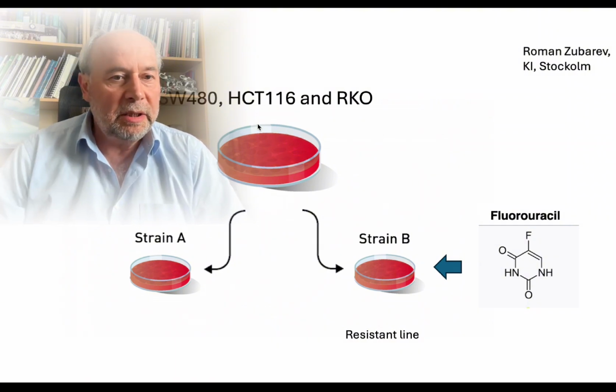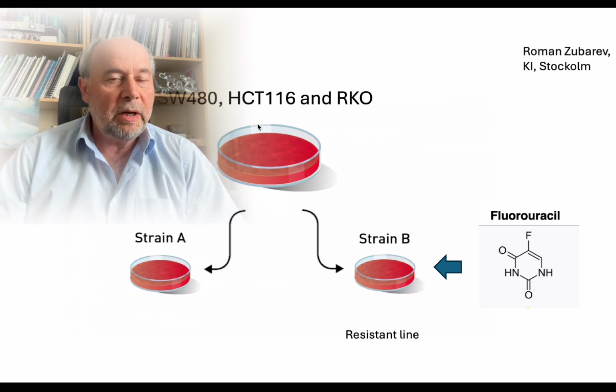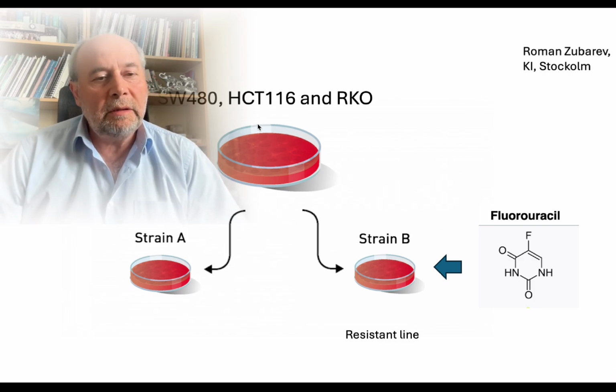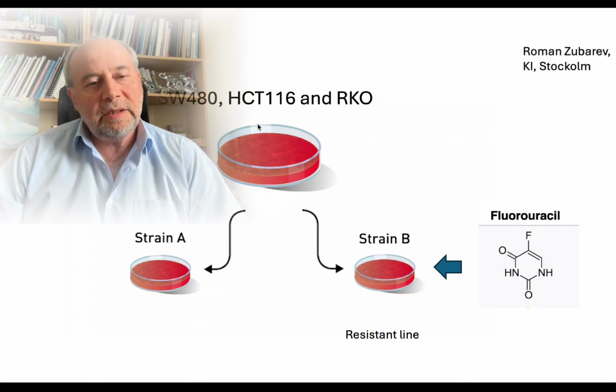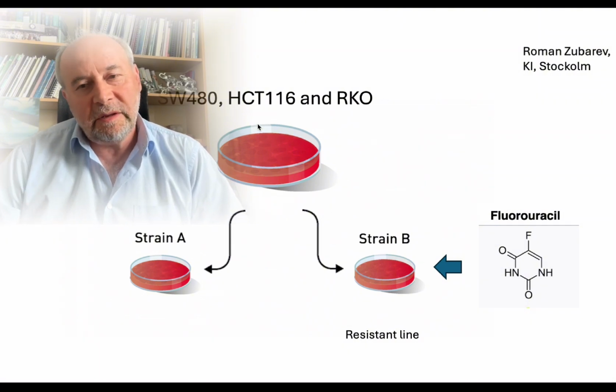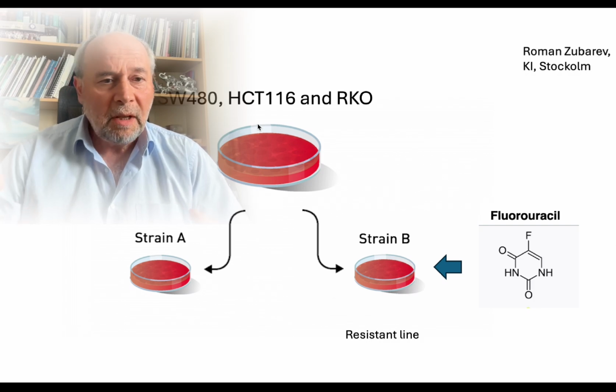He mainly did it in his lab. He took several cancer cell lines, and HCT 116 is a colorectal cancer cell line. By treating this cell line iteratively with increasing concentrations of 5-FU, he developed a resistant cell line.